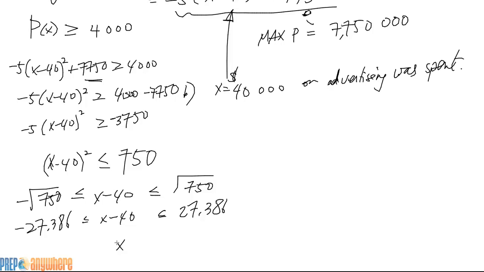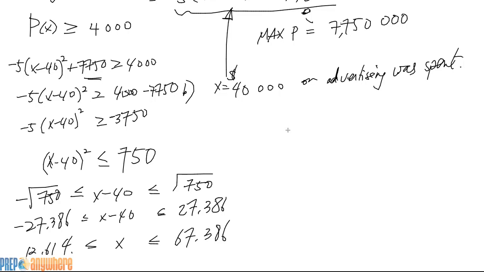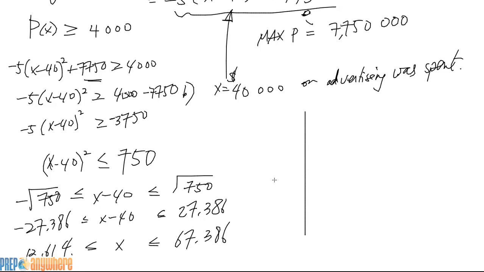Okay, finally you add 40 to all 3 sides and you get 67.386 here, and here we get approximately 12.61614. Okay, so let me draw a picture to really understand what this all means.